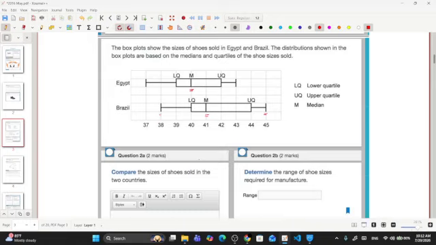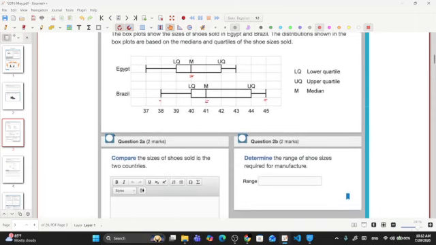So, question number 2 says compare the sizes of shoes sold in the two countries. Now, most of the time, for this sort of question, you are supposed to give a qualitative analysis. Do you know what a qualitative analysis is? Not really.